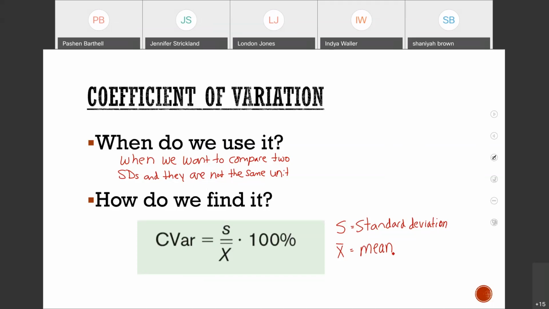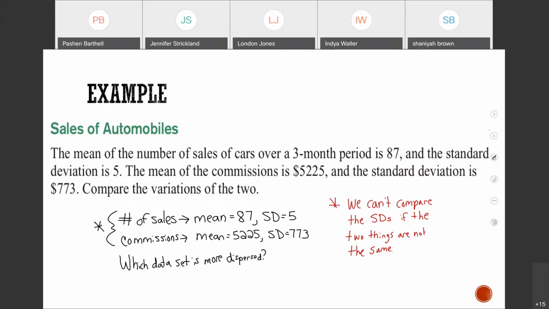I'm going to go back to our example and look at doing that. I need to do it for both the number of sales and also the commission. For number of sales, remember standard deviation goes on the top.